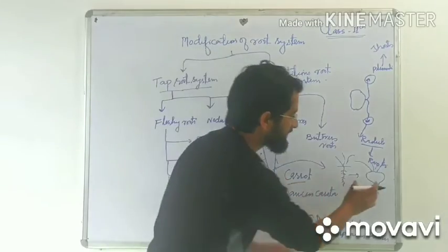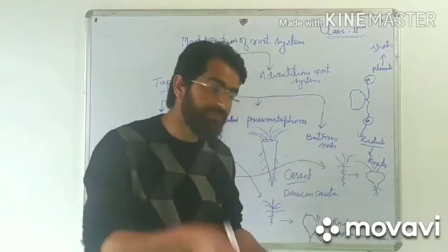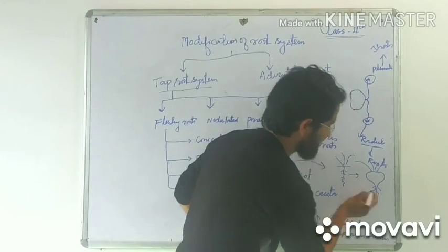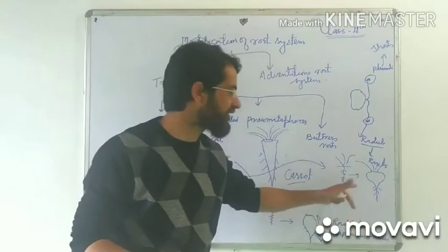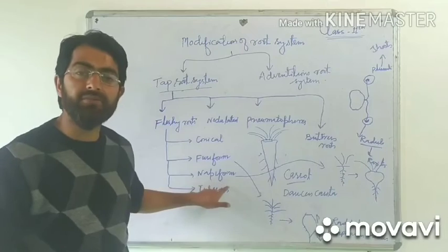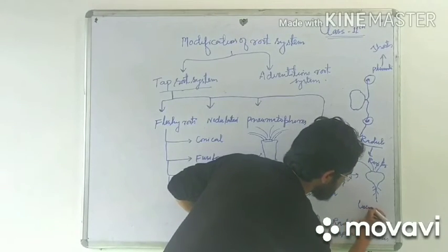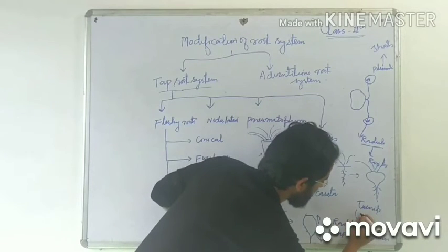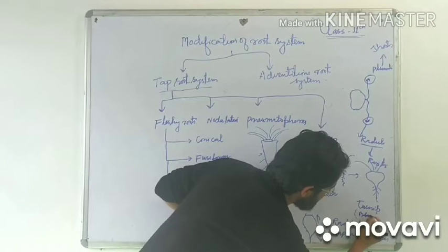That means its basal part is bulged and tapers steeply towards the apex, forming a tail-like or tadpole-like structure. We call such roots napiform roots. Its example is turnip. Its botanical name is Brassica napus.